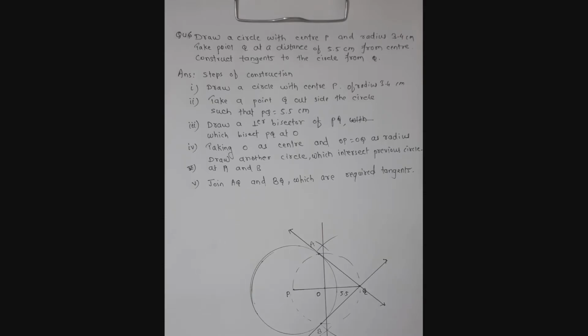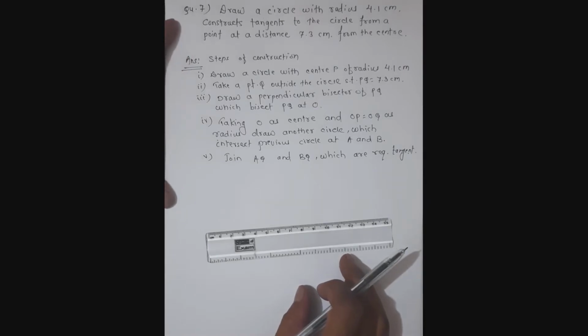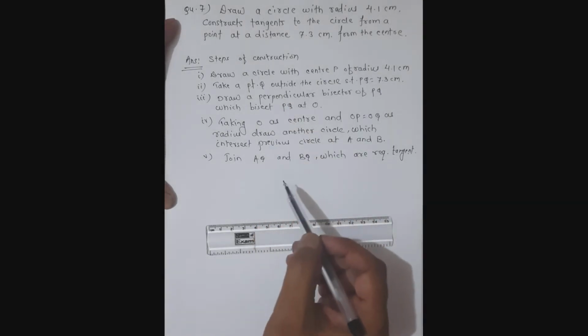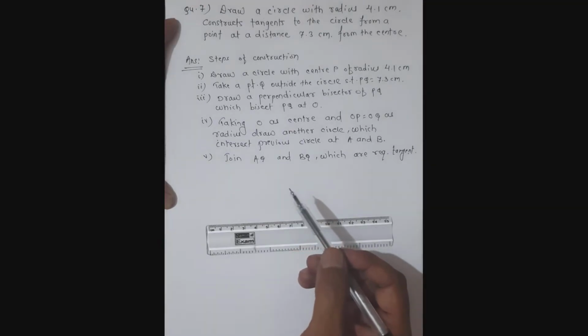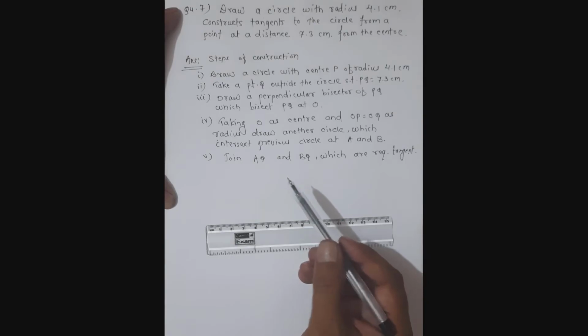Same way we solve question number 7. Now see question number 7. Like the previous question, we write all the steps here. If you understand question number 6, you can write all these steps first, then draw the circle and construct all the steps.